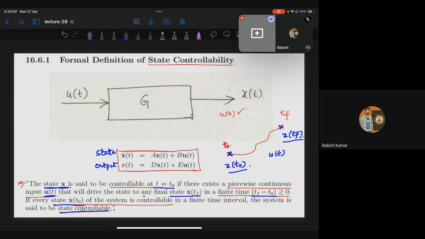Here we are talking about one state. If every state is controllable, then we can say that the whole system is state controllable. Clear? Any query?